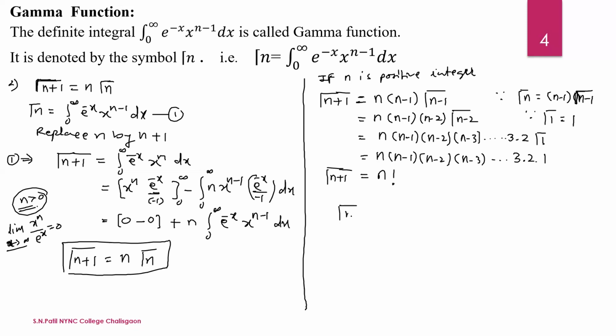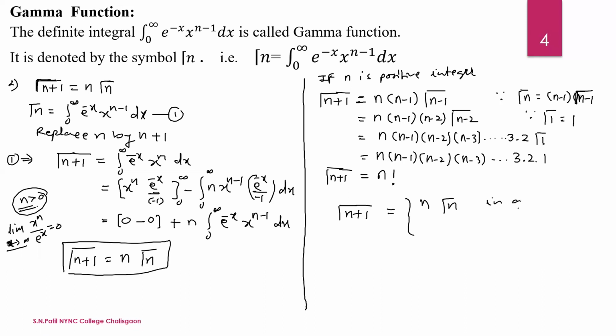So here we get two results. Gamma n plus 1 is equal to, first, n into gamma n when n is general.